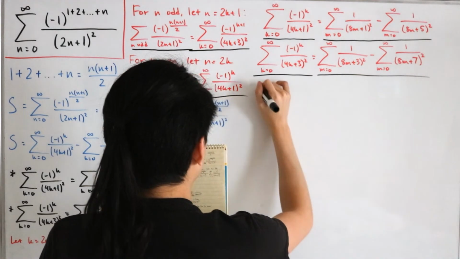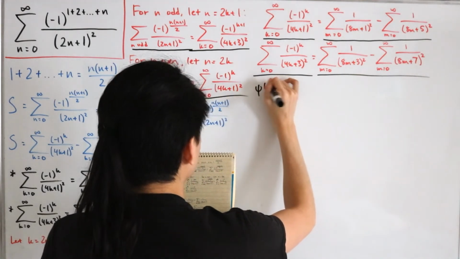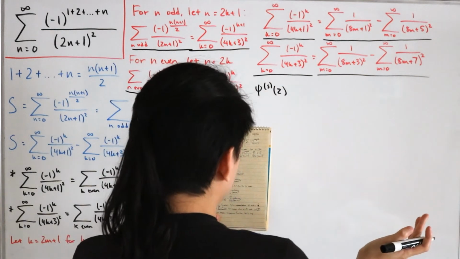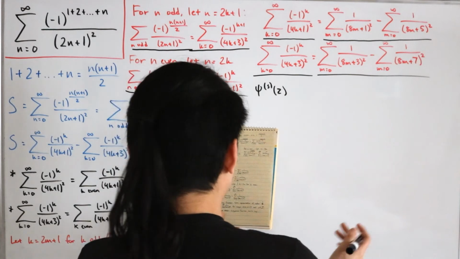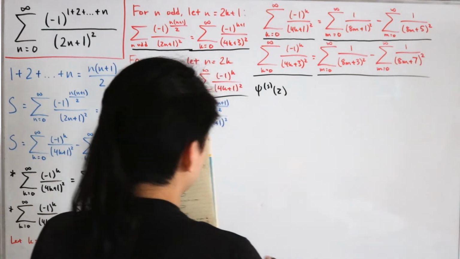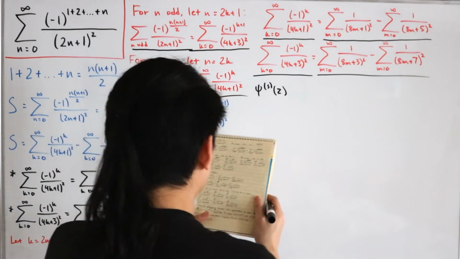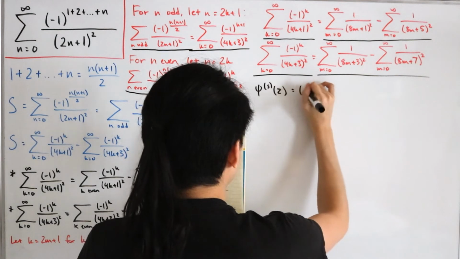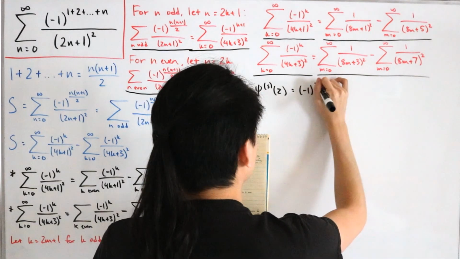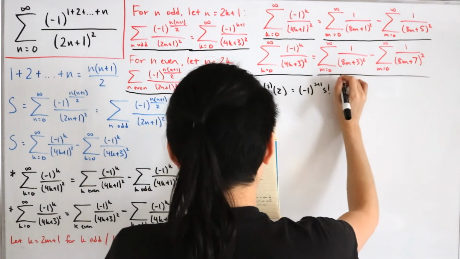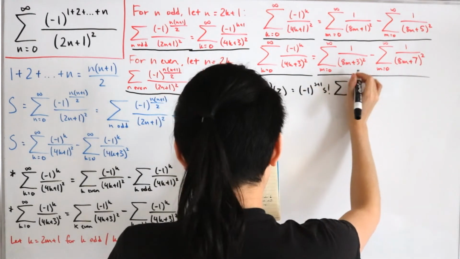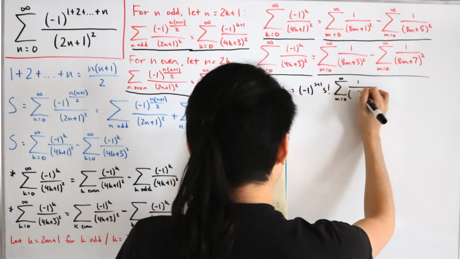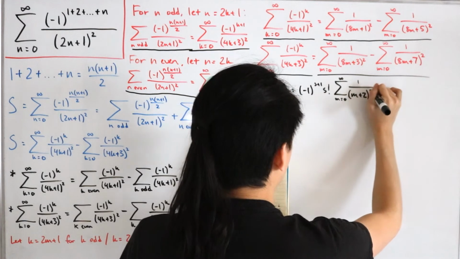That formula says that for psi of order s of some complex value z, such that z can't be a negative integer, and s is supposed to be greater than 0, an integer as well, this is going to be equal to (-1)^(s+1) multiplied by s factorial, multiplied by this infinite sum with m equals 0 of 1 divided by (m+z) to the power s+1.